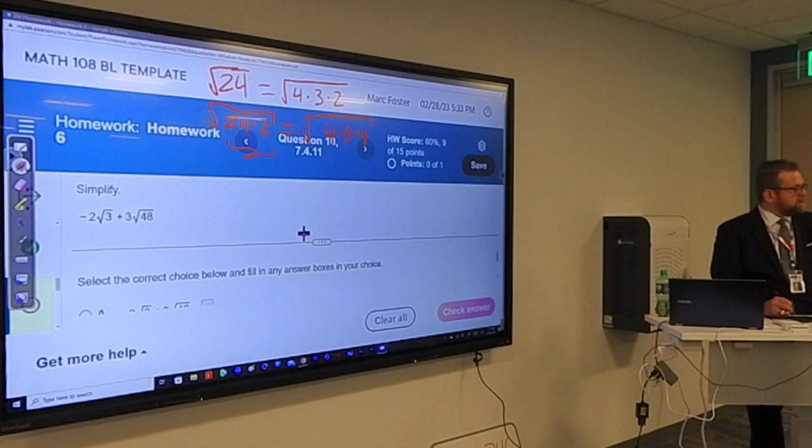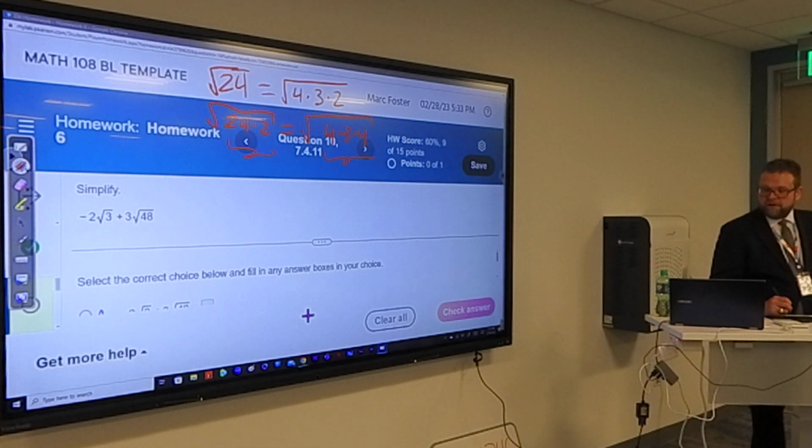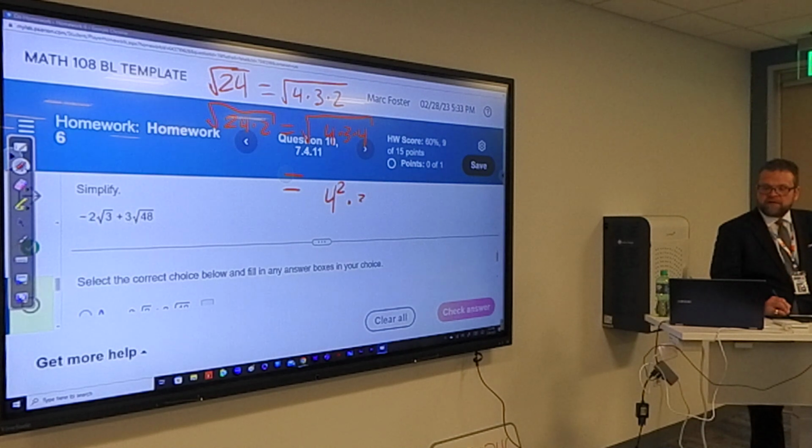Isn't that 48? And this simplifies to be, there's a pair of 4s, huh? Look at how it would be rewritten. It would say 4 squared times 3, and it's all to the 1/2.